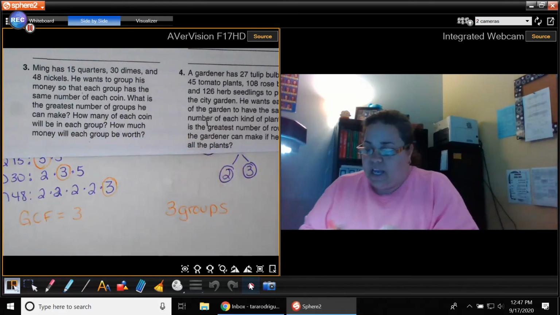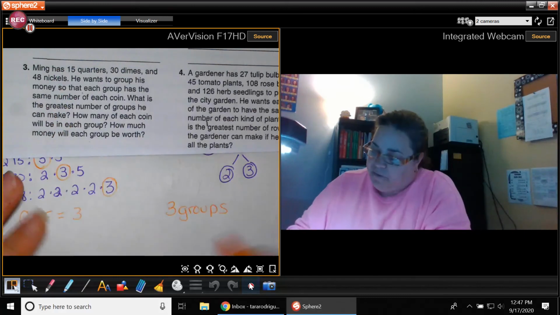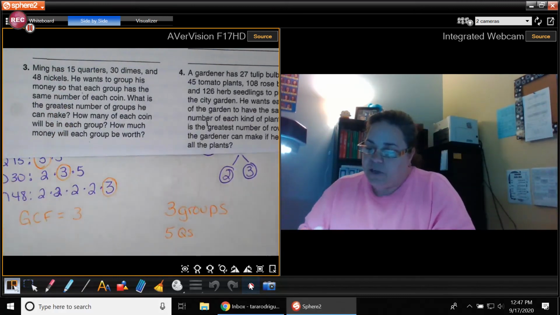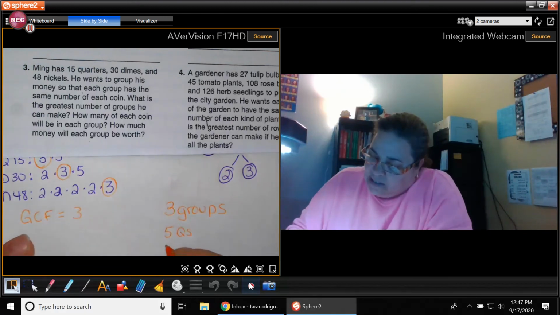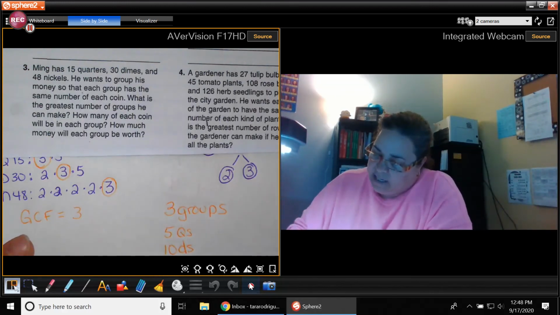Well, if 3 goes into 15 5 times, there will be 5 quarters. And 3 goes into 30 10 times, so it'll be 10 dimes. And 3 goes into 48 16 times. So that will be 16 nickels.